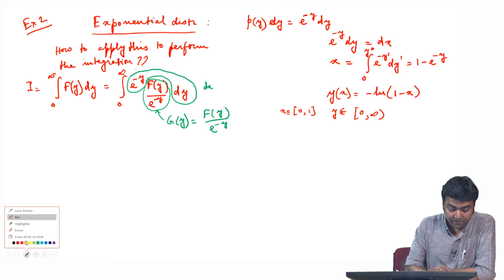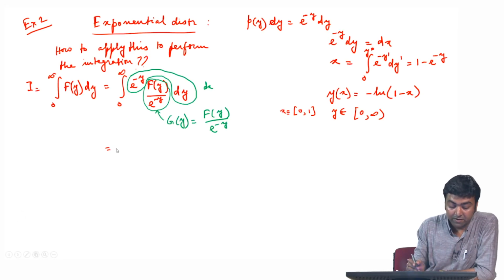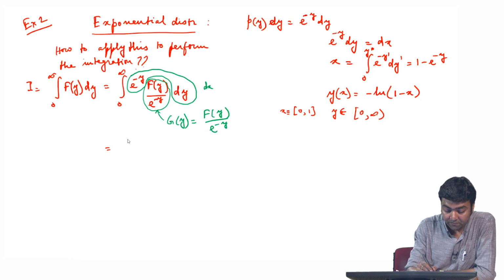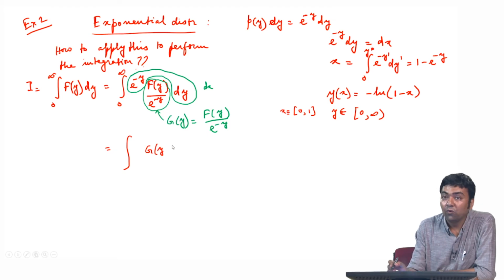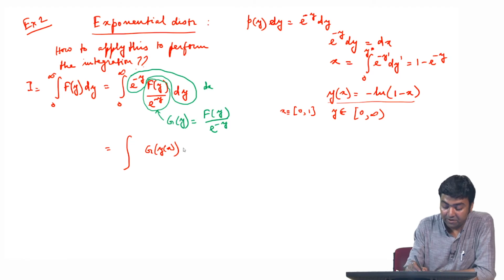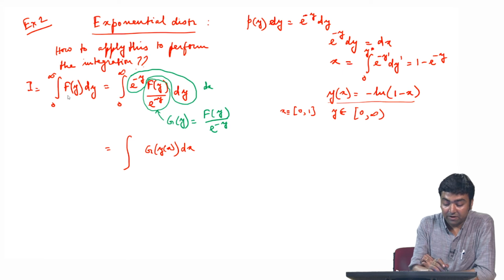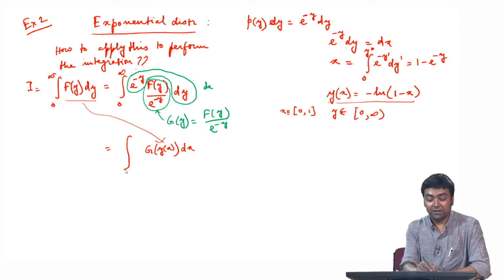Once I have that, I can rewrite the integrand in the following way. I have g(y), which I know is a function of x from this expression, so g(y) in terms of x, dx. This is what my original integral is converted to. Now, what will be the limits?